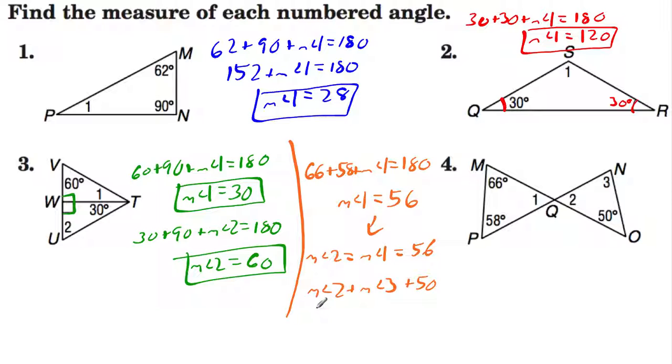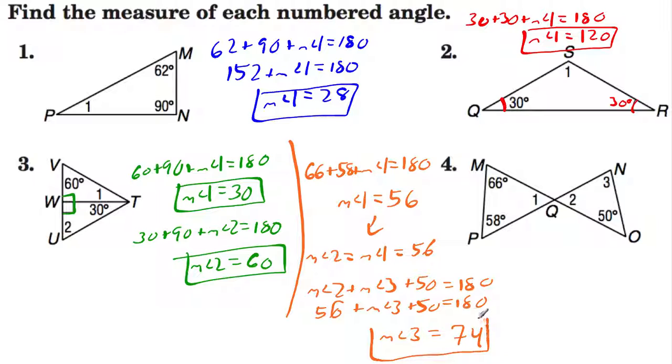The measure of angle 2 is 56, plus the measure of angle 3 plus 50 equals 180. Well, 50 plus 56 is 106, and so if I subtract that from 180, 180 minus 106 is 74.